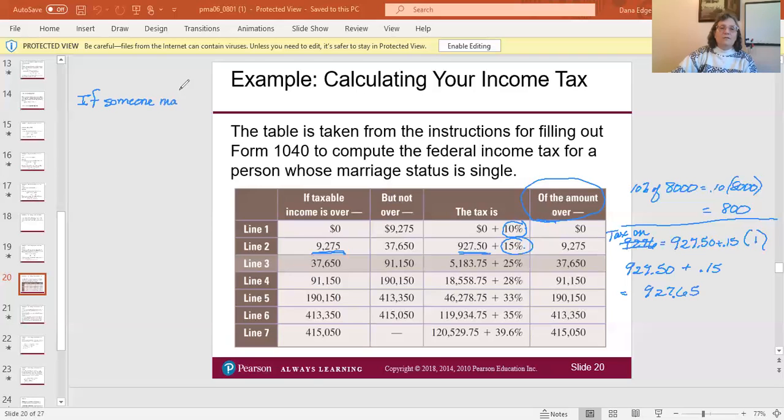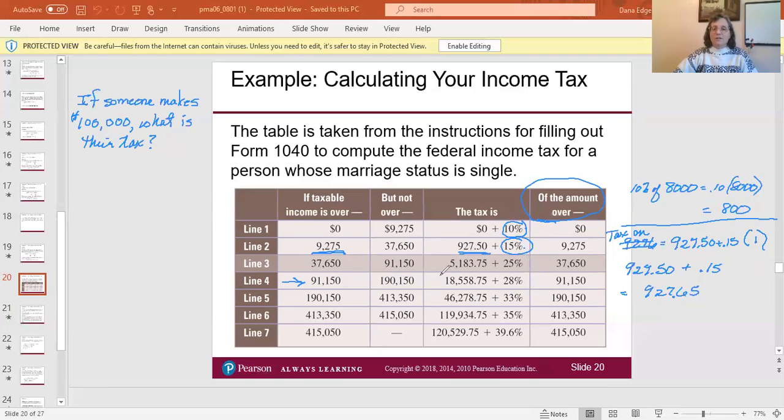If someone makes, let's bump it up a little, $100,000, what is their tax? Okay, 100,000 puts them in this category, between 91,150 and 190,150.